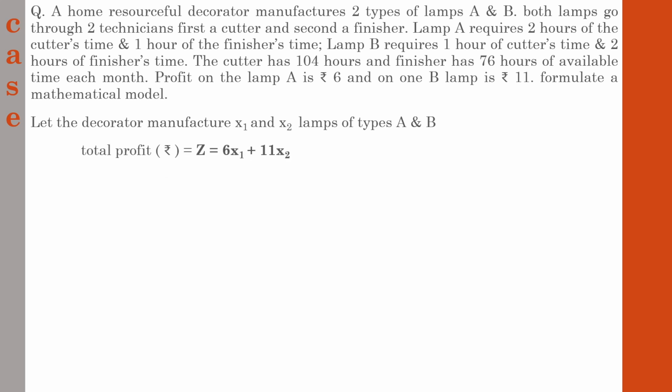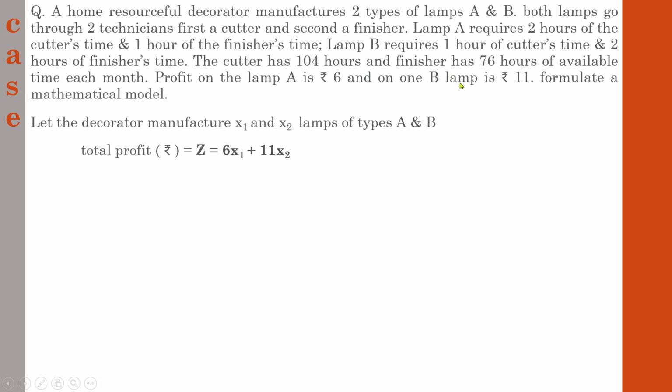Next, you need to set the objective function. The objective here is maximization of profit. The question itself gives the profit details; profit or cost will be given. Here profit is given. It is mentioned that profit on lamp A is 6. Lamp A is assumed as x1, so profit on lamp A is 6 into x1, that is 6x1.